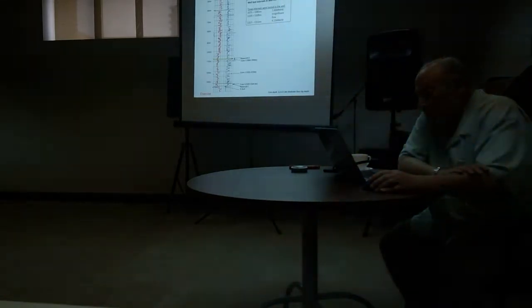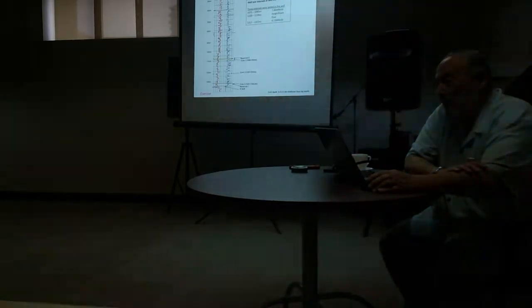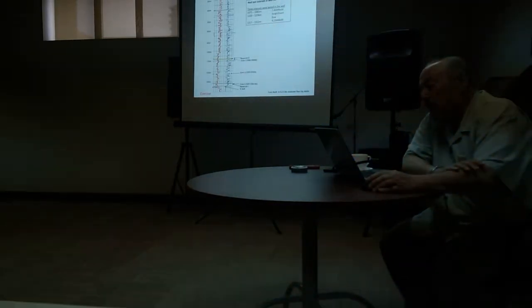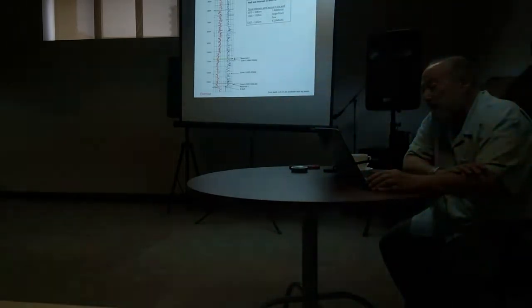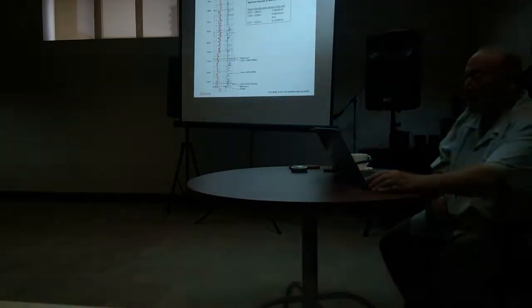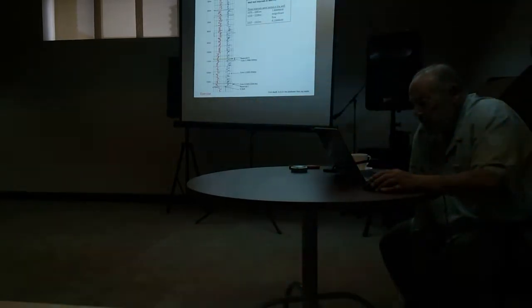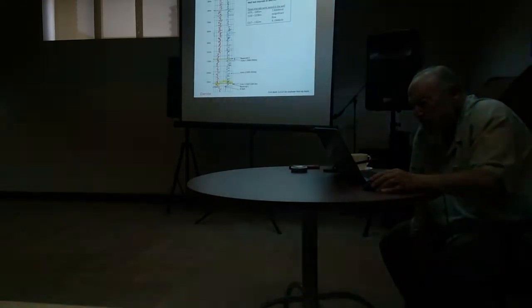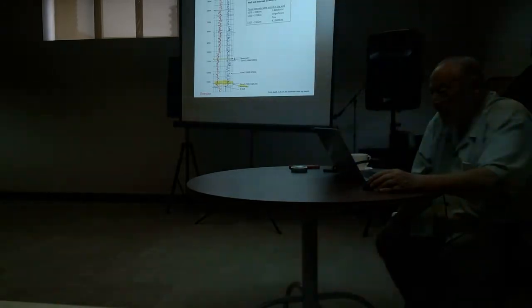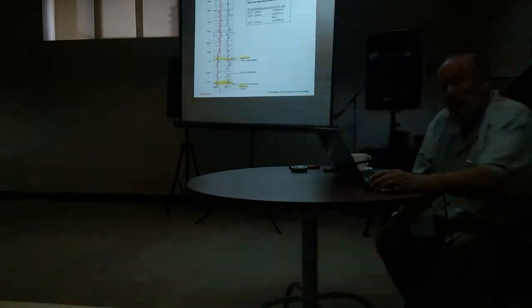And so here's the type log from the discovery well. What they found were two intervals that had commercial gas, and we called those Reservoir 1 and Reservoir 2. Reservoir 1 is right down here, and Reservoir 2 was a sand body right up there.